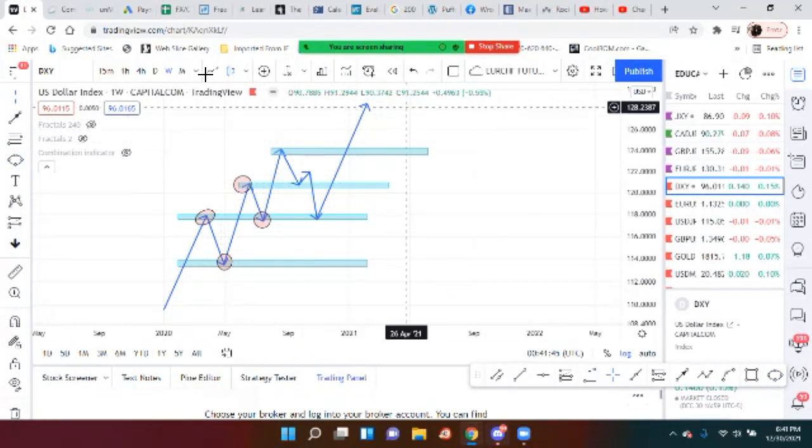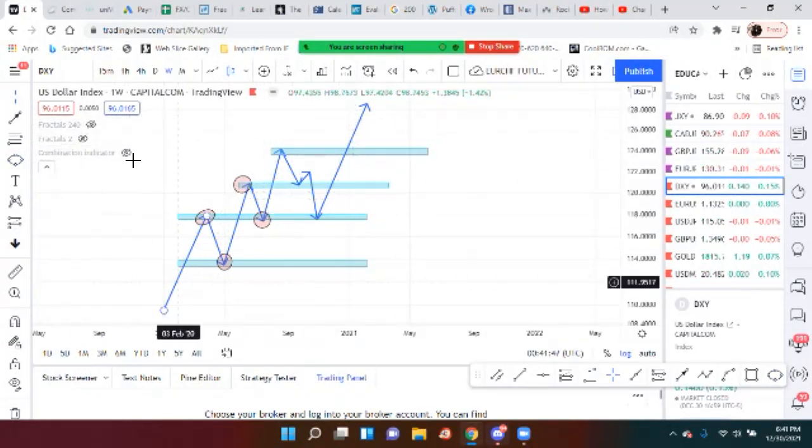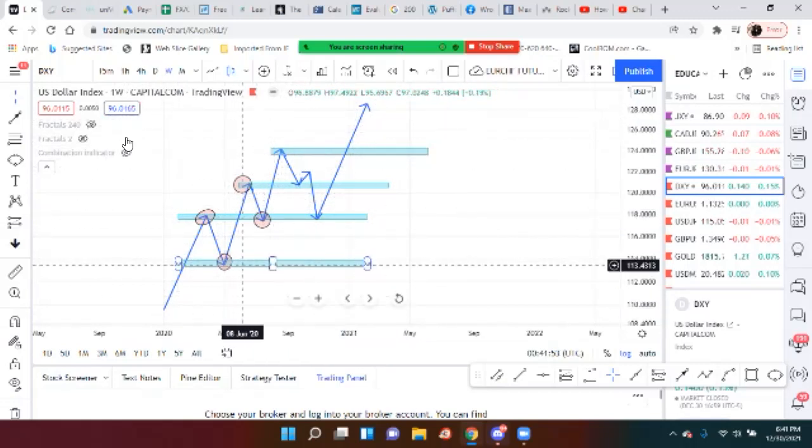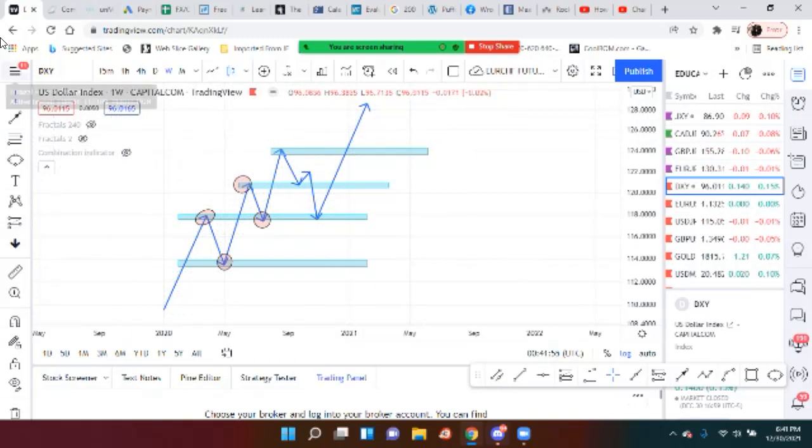Doesn't matter what retail traders are doing, doesn't matter what concepts you got going on. This is the holy grail. This is how old stock traders used to trade their stocks back in the day. And old stock traders, we're talking about millionaires that used to trade stocks before Forex. Now, there's nothing wrong with that.